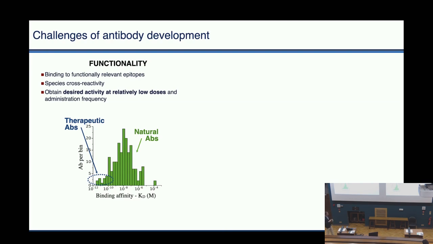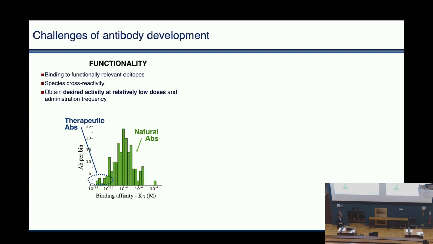You have challenges for species cross-reactivity, which is often a requirement for clinical trials because you need to get tox data in animal models. But perhaps most importantly, the main challenge is that of obtaining the desired biological activity at a relatively low dose and administration frequency that make it feasible for patients.